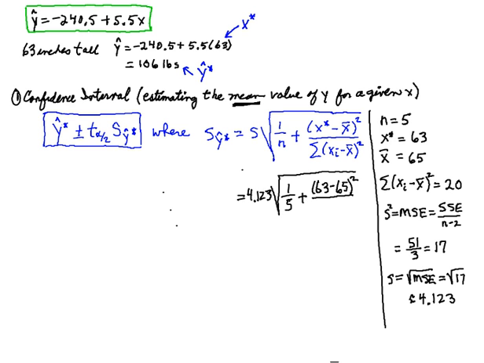Now we've done that calculation, and you may want to refer back to when we were creating our estimated regression equation originally, but we got 20 for that. So you want to double check to make sure you understand what that summation is, how that's calculated.